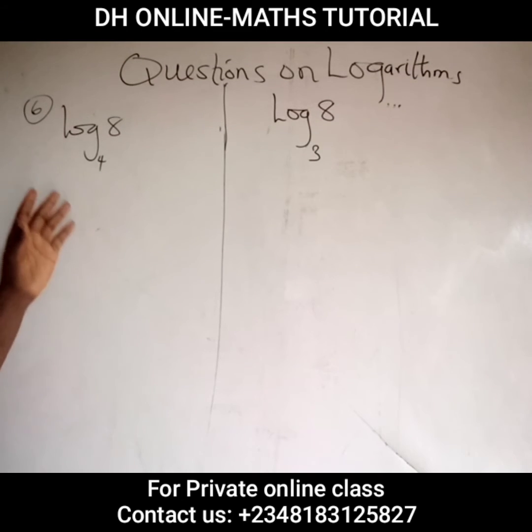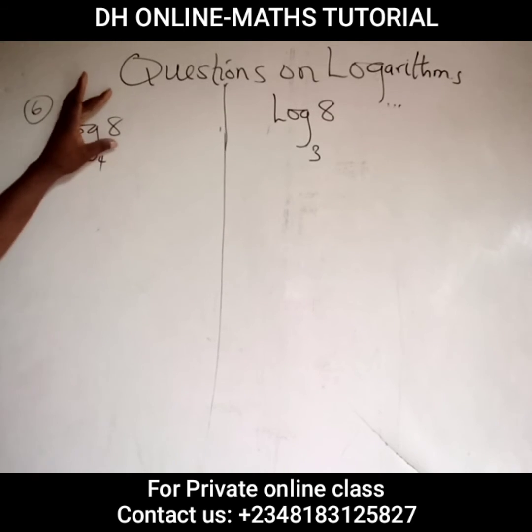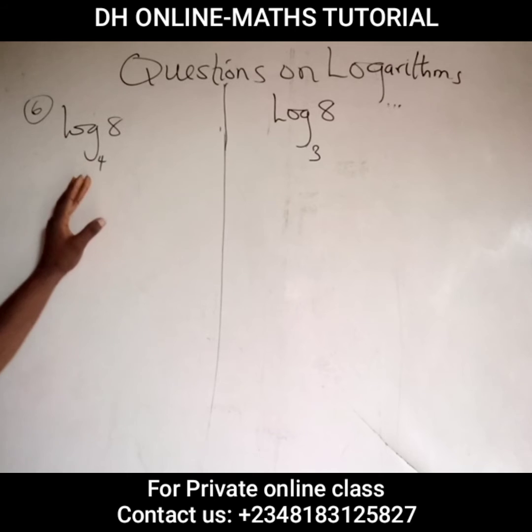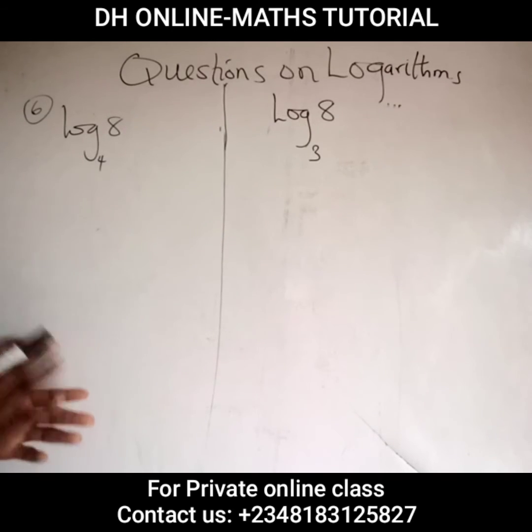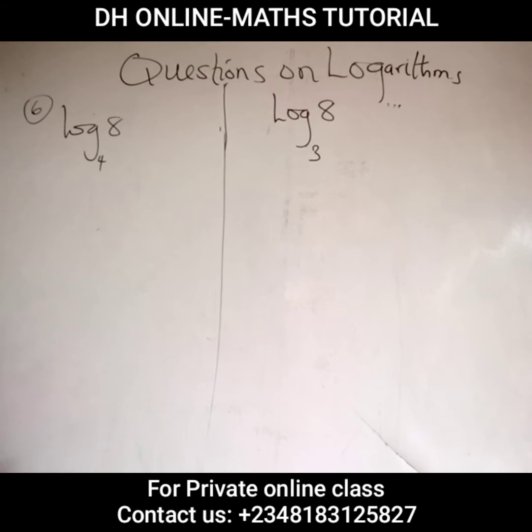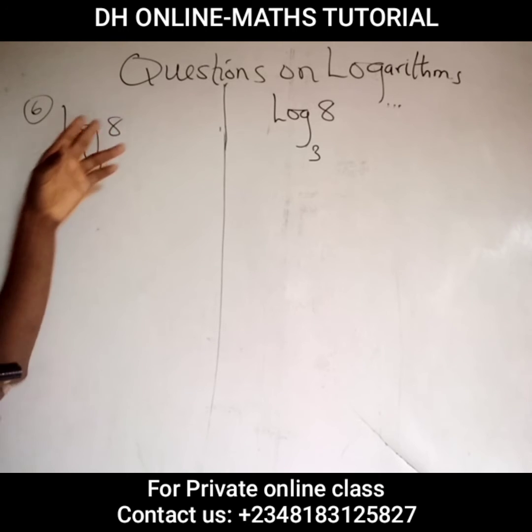This one here says when you have log 8 to the base of 4, and you want to reciprocate this log, then the log and the base will interchange. That means the base will become the number, and the number will become the base.